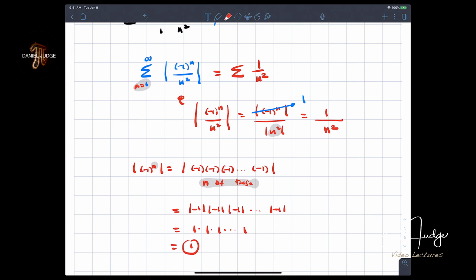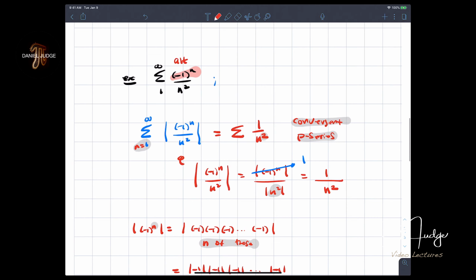you obtain the very famous p-series. And in fact, this is a convergent p-series. So you have a convergent p-series, ladies and gentlemen, and what that means is that this particular series that they gave us to start with converges absolutely.